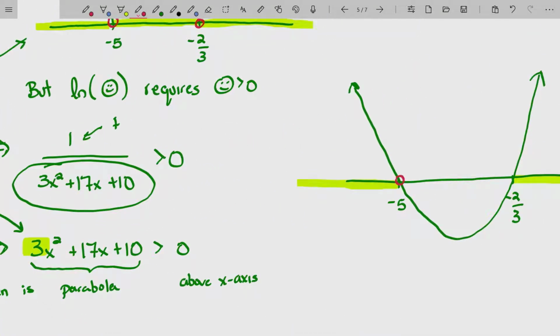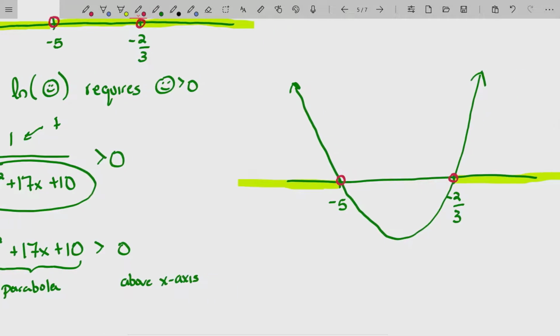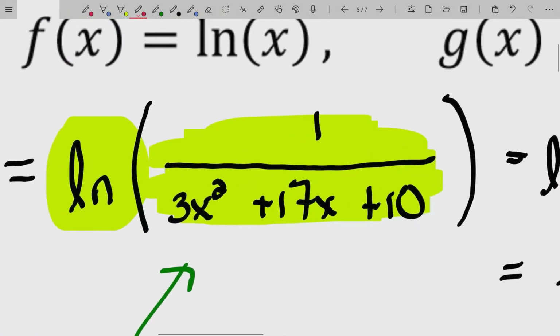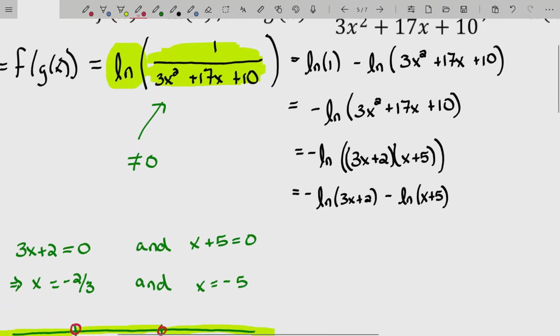So we're excluding, not including, these 2 points. And now you actually have the set of x values that you would plug into the argument here so that their outputs are still positive, so you can take the natural log of them. And that will give you the domain of that composition.